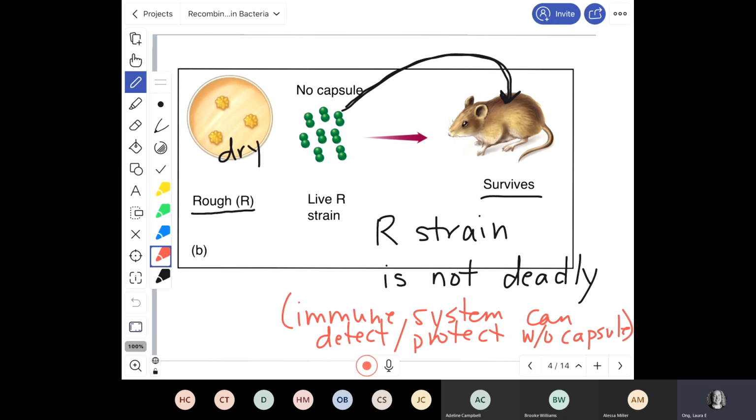So if the capsule is not there, our immune system can detect the surface shapes on this bacteria, mount an immune response, and protect us. So having a capsule or not is a big deal to how deadly these bacteria can be. So those are the things that Griffith knew early on during these experiments.